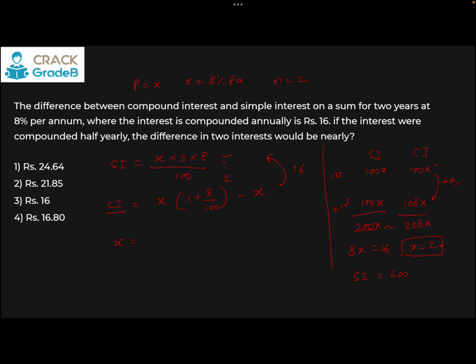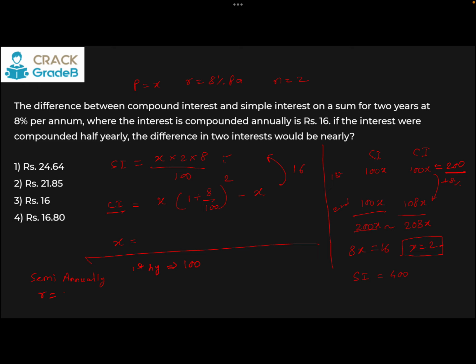And now if you put x equal to 2 here, you will realize that for the first year the compound interest accumulated was 200. But now if compounding is done semi-annually, for 1 year if you are getting 200, then for the first half year we'll be getting half of it, that is 100 rupees as the interest.